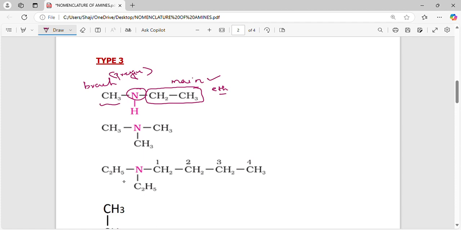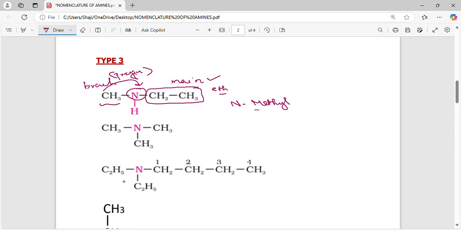And where is that methyl attached? Normally with a carbon chain we put numbers like 1, 2, etc. But this methyl is attached to the nitrogen instead of a particular carbon, so instead of a number, we write N. N-methyl. The starting letter is always a capital letter. N-methyl. The next is the main chain.